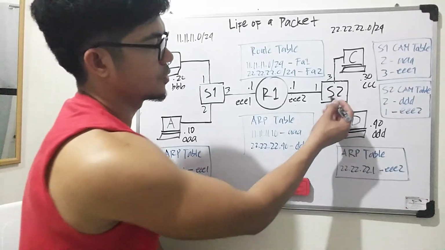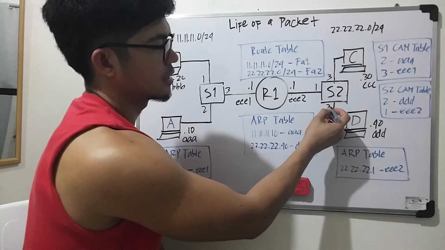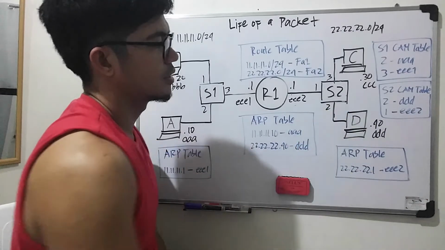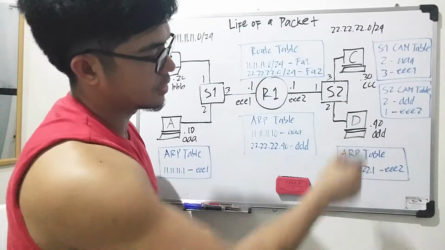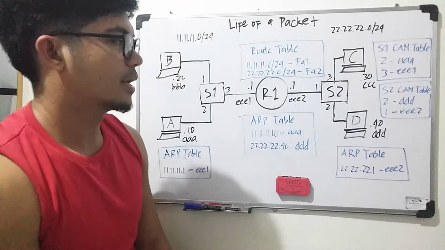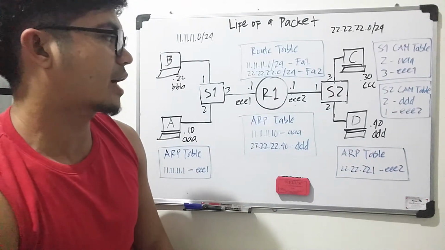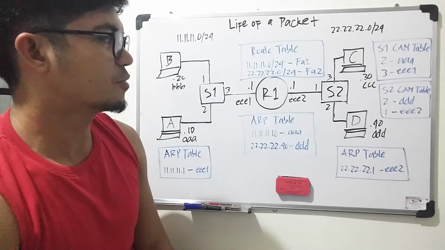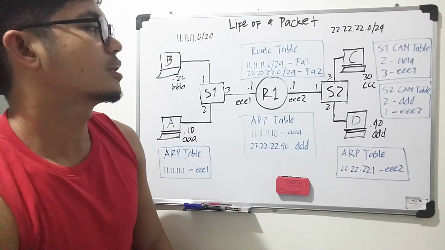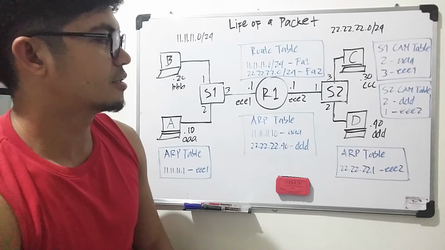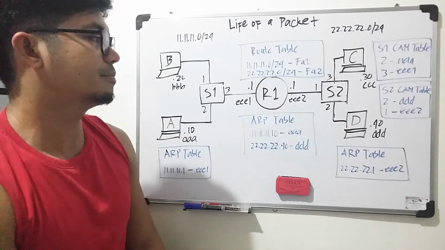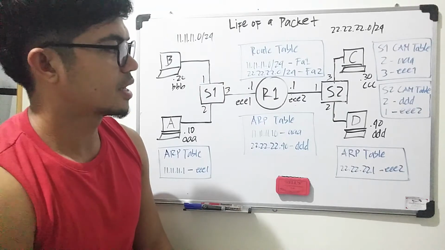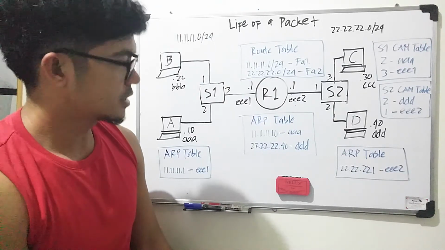So switch 2 will send the frame out its port 2 here all the way to host D, and host D will receive the packet, and it's going to strip or remove the layer 2 header and layer 3 header, and it's going to process the data.